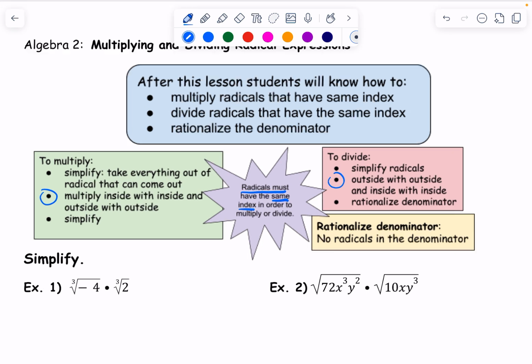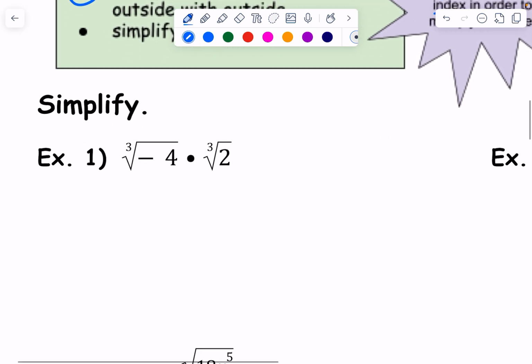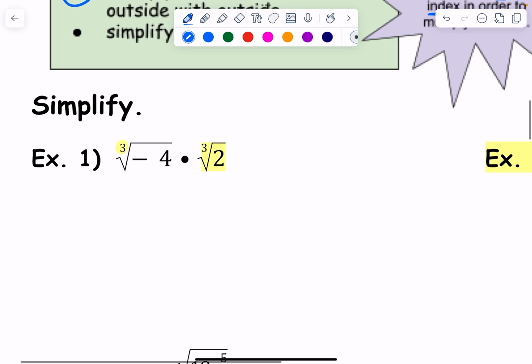Okay, here we go. Well, speaking of the same index, yep, we do. We have the same index, right? So we always want to simplify if we can, right? So right now, when we're looking at this, we see that a -4 is -1 times 4, right? Now, a negative can always be taken out of an odd index.